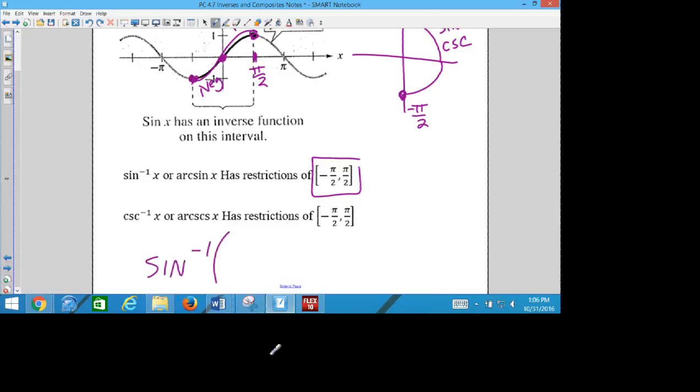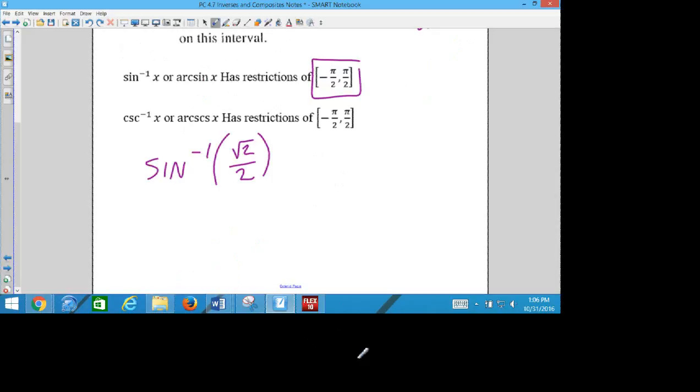Here's an example. If I gave you sine inverse of negative square root of 2 over 2. Nope, that's positive square root of 2 over 2. If I gave you sine inverse, what am I asking for? You've done this before. What am I asking for? The angle. Perfect.